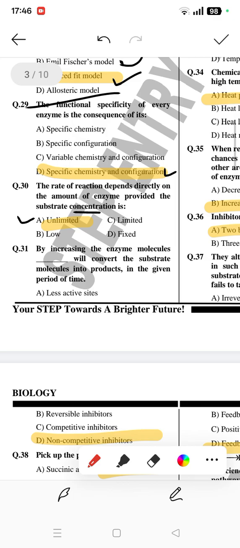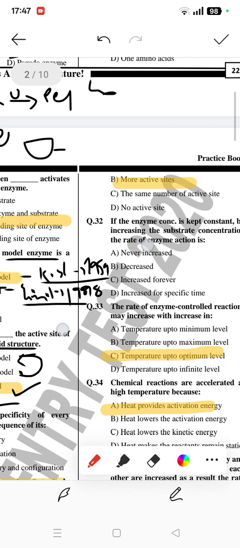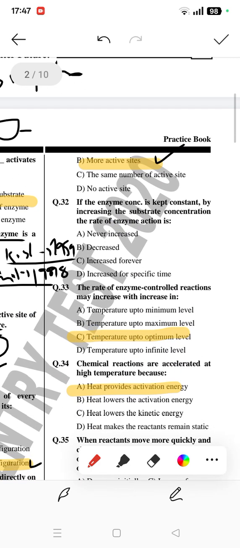By increasing enzyme molecules, more active sites will convert substrate molecules into product in the given period of time. If the enzyme concentration is kept constant and we increase the substrate concentration, the rate of reaction increases for a specific time, not forever.